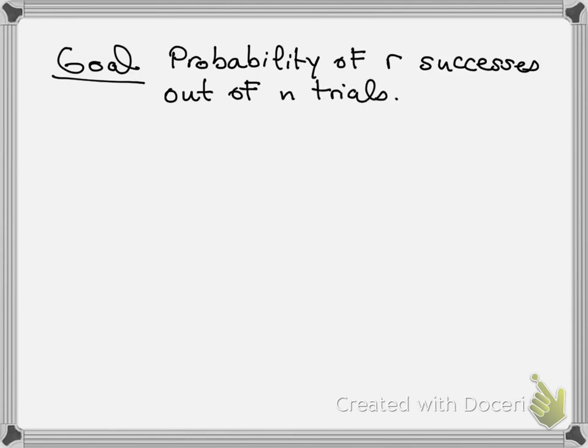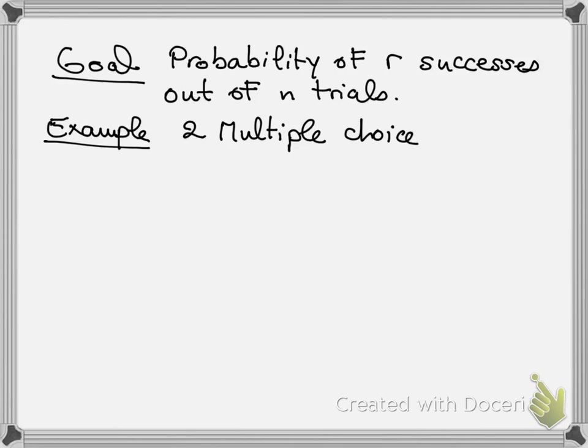So for example, let's say now you have not just one multiple choice question, but let's say you have two multiple choice questions. Okay, so we have two multiple choice questions, and again you have four choices. Each question has four choices, right?